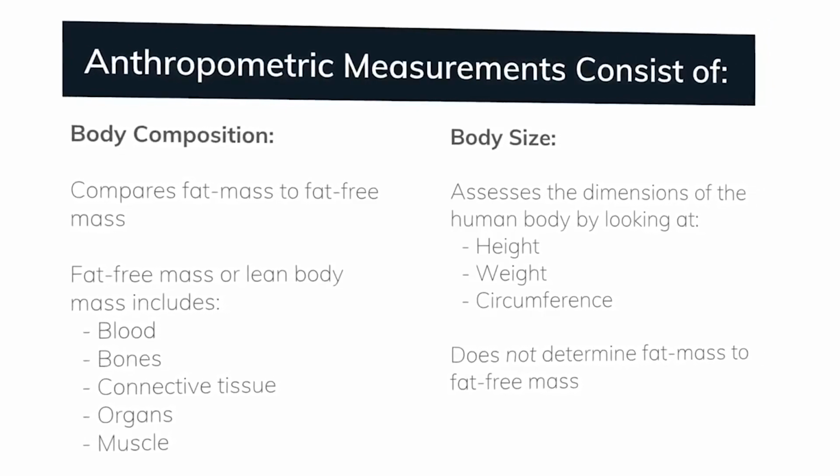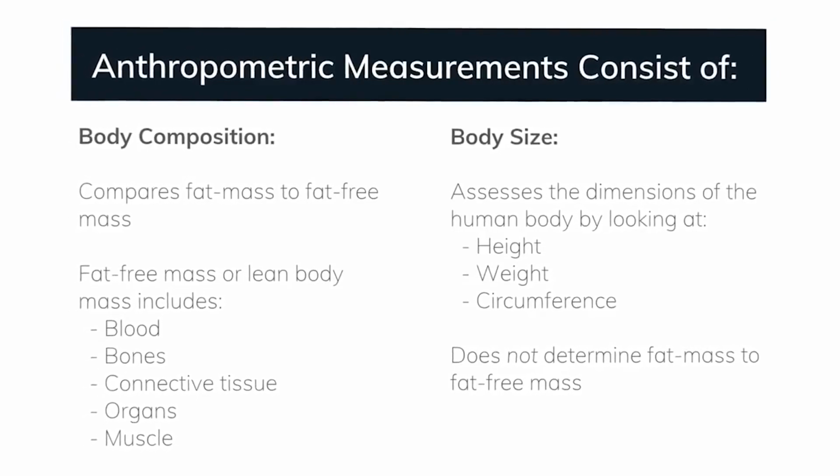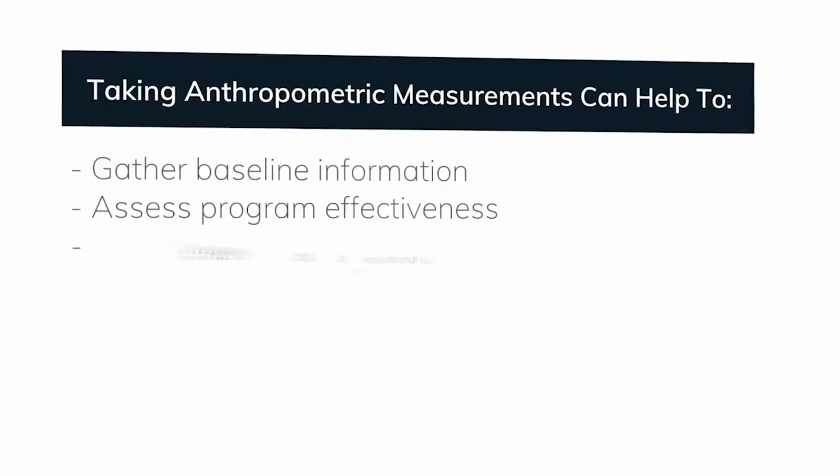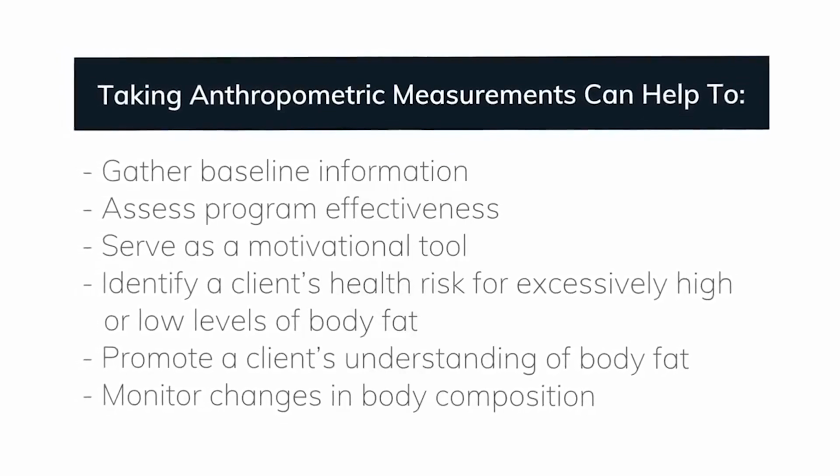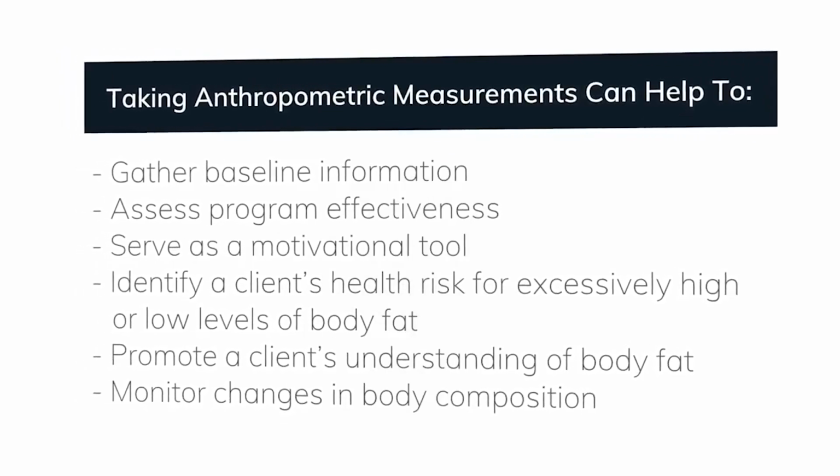This is helpful to determine a client's health and fitness status, but does not assess body composition. When beginning an exercise program, we want to take anthropometric measurements, since simply knowing a person's weight does not reveal much about their overall condition.